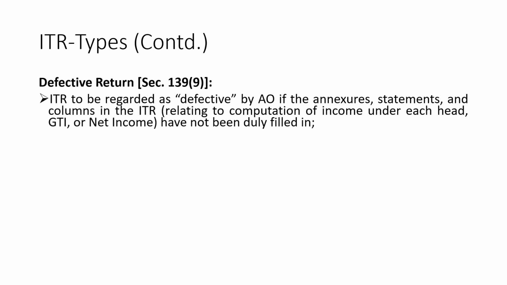Lastly, we come to the concept of defective return under section 139 subsection 9. An income tax return is regarded as defective by the assessing officer if the annexures, statements and columns in the income tax return filed relating to the computation of income under each head of income or the gross total income or the total income have not duly been filled in by the assessee.